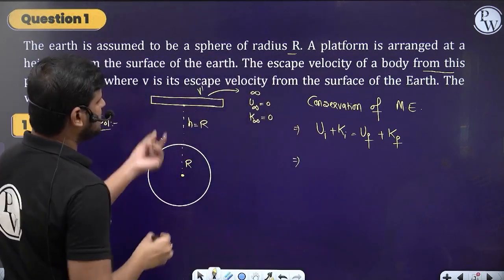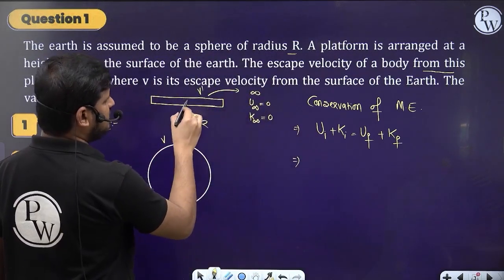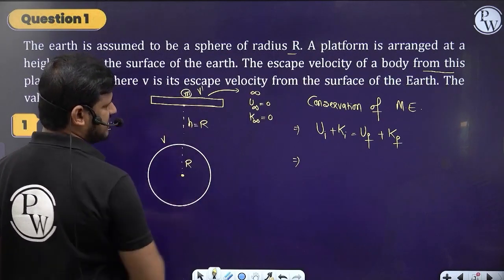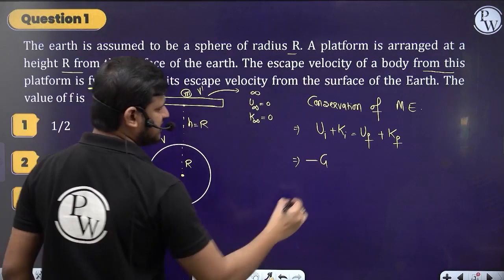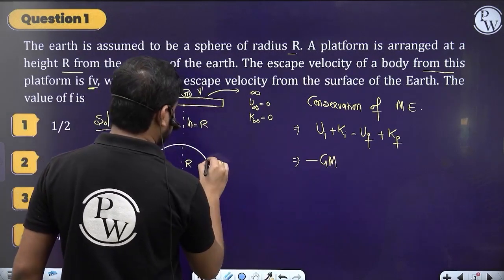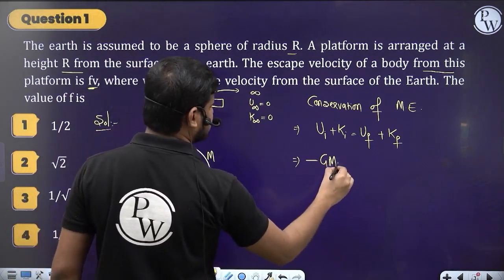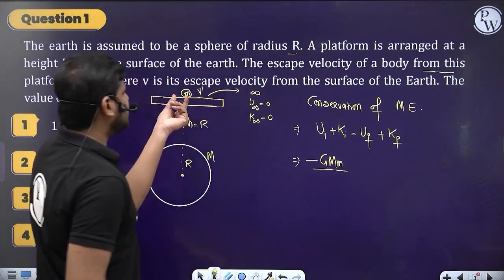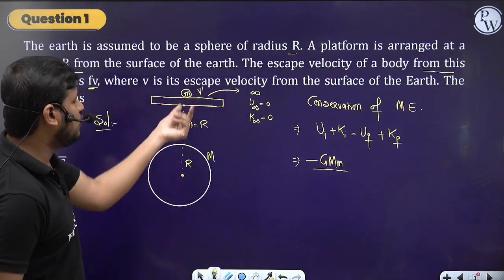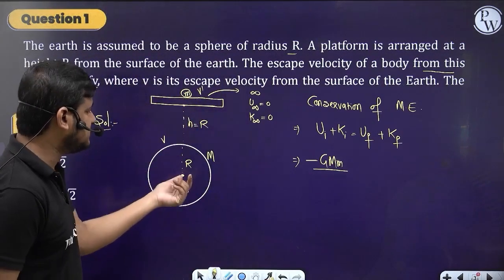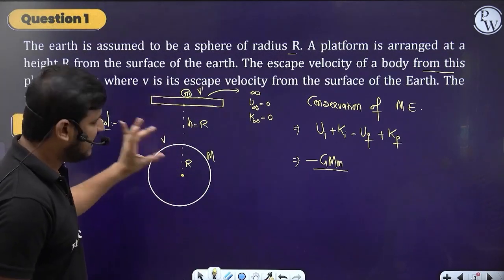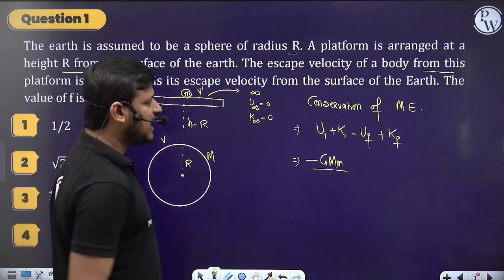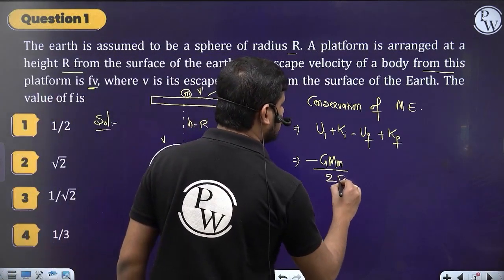From this platform you are throwing a body of mass m. Let the mass of the earth be M and the object has small m. This object is at a distance 2R from the center of the earth, because it is already at a height h equal to R and the radius of the earth is R. So I can write 2R.